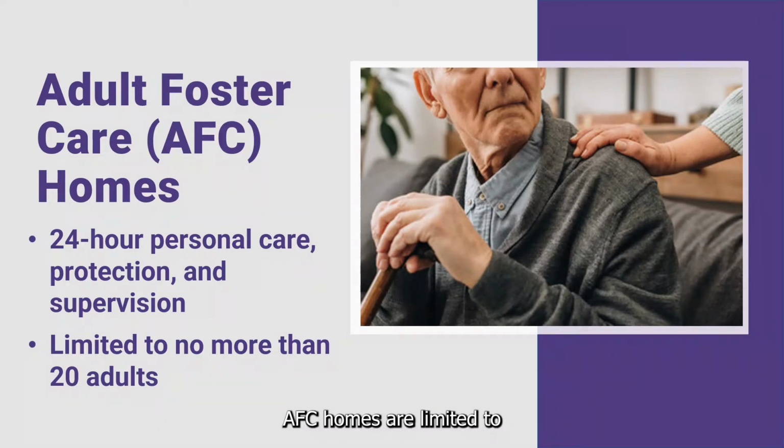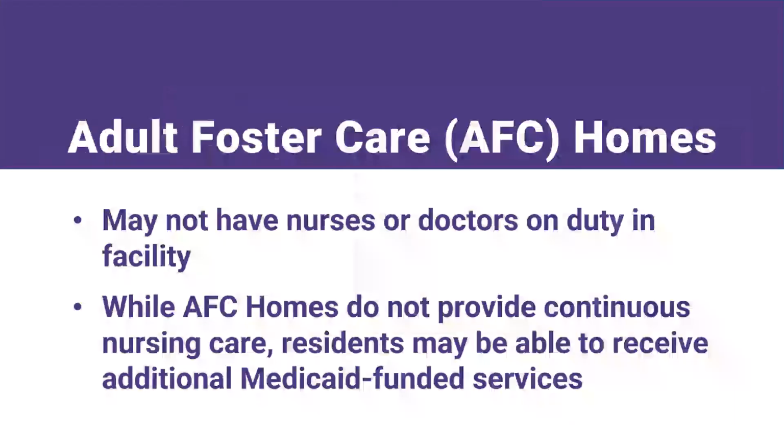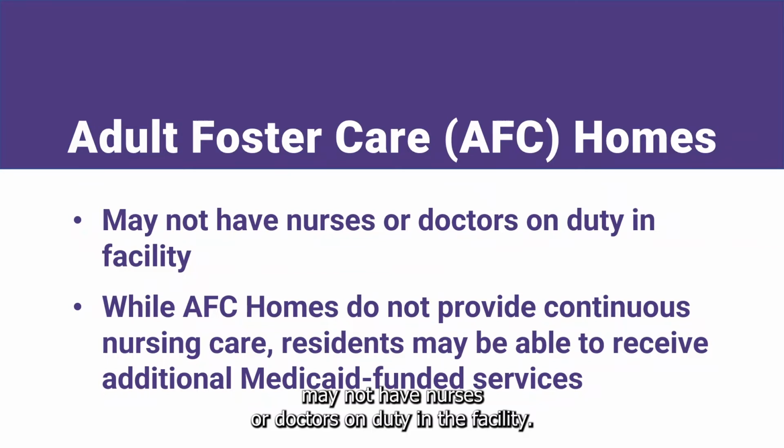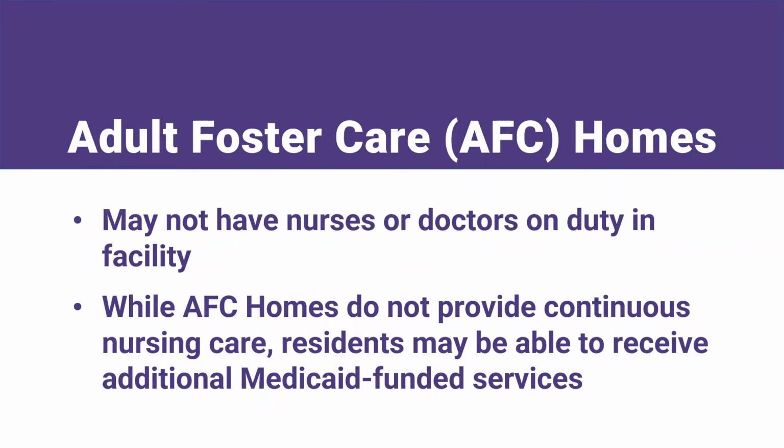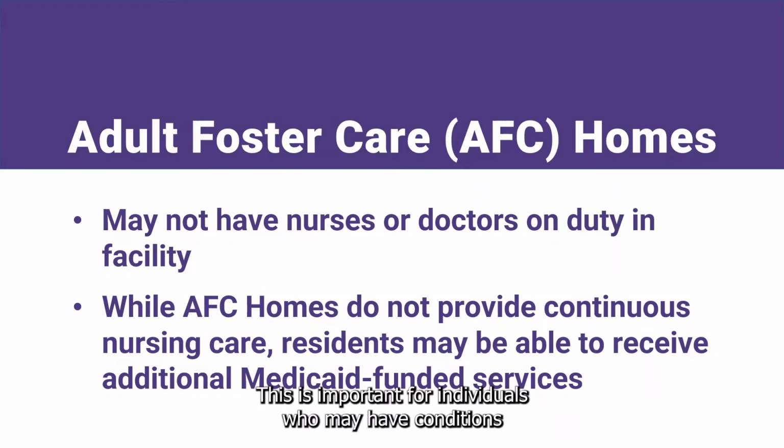AFC homes are limited to no more than 20 adults. It's important to stress that these facilities may not have nurses or doctors on duty in the facility. This is important for individuals who may have conditions that require regular monitoring by a provider.